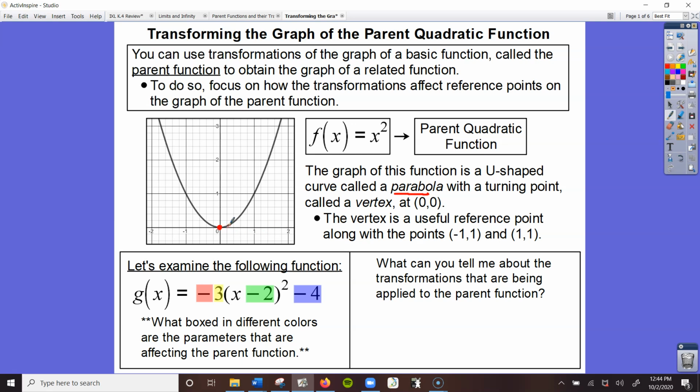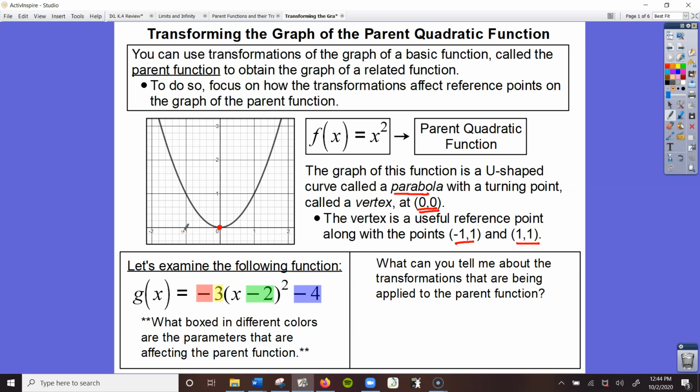Now, this is called a reference point. Your reference points are points that you can find on the original graph that are going to help us with our transformations. The vertex, which is (0, 0), is very important, and we use it often when we're doing our transformations, along with other points such as (-1, 1) and (1, 1).